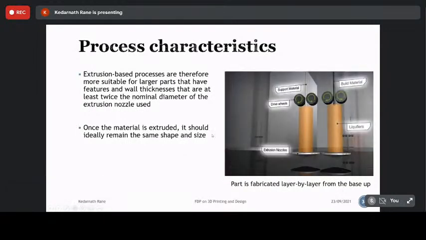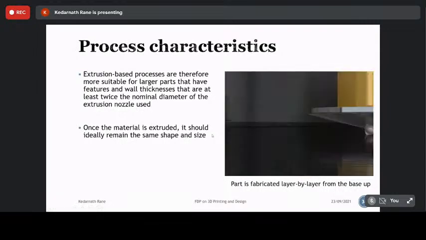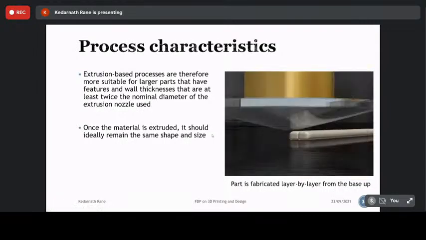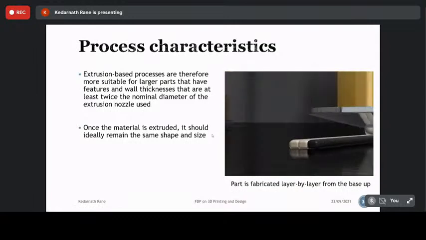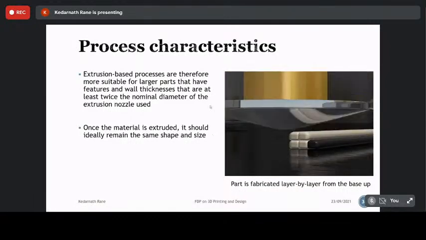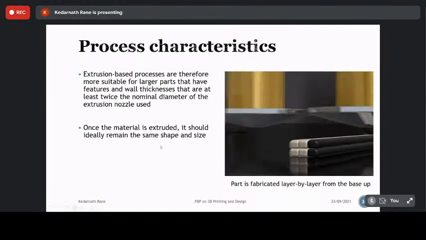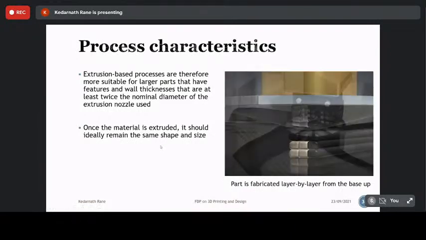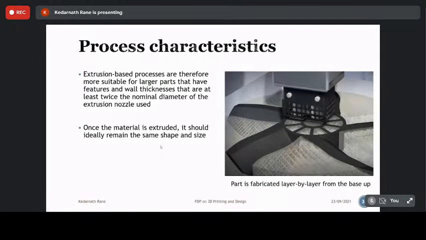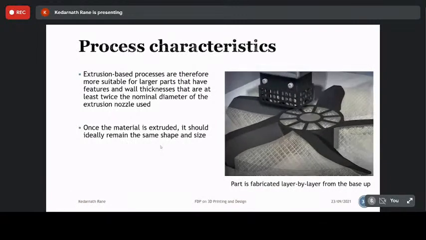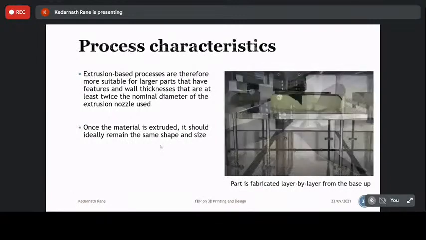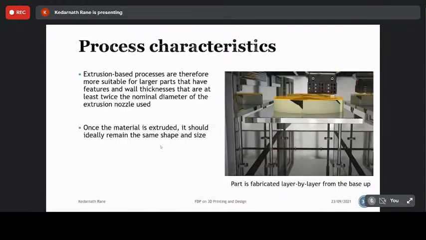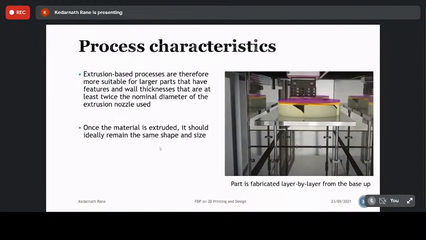The strands already deposited beneath the new surface should not distort. That is a requirement. That's why sometimes cooling fans are introduced in the chamber itself, so they can cool from the bottom and heat from the top, so that it can maintain the stability of the part as required.